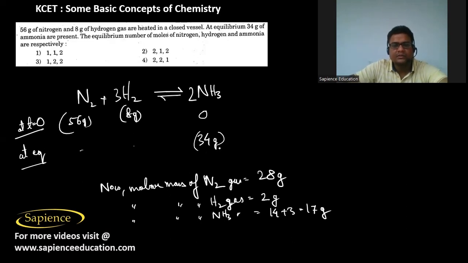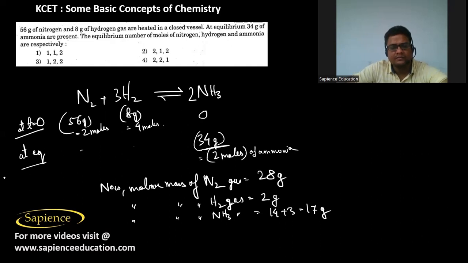So it means that here 2 moles of ammonia has been formed, since 34 gram of ammonia means 2 moles of ammonia. And then 56 gram of nitrogen means here also 2 moles of nitrogen. And 8 gram of hydrogen means we have 4 moles of hydrogen.